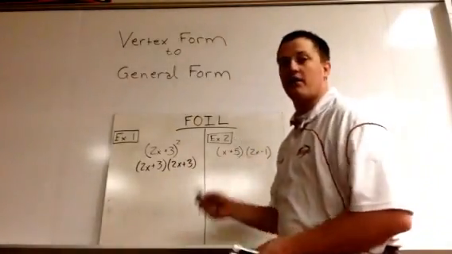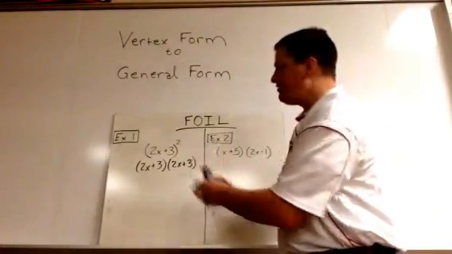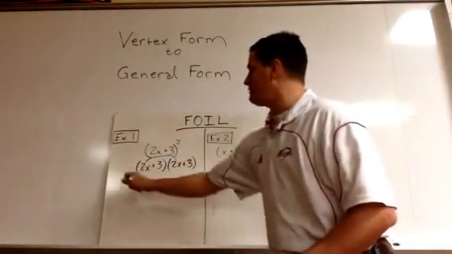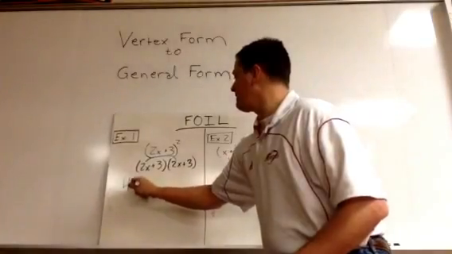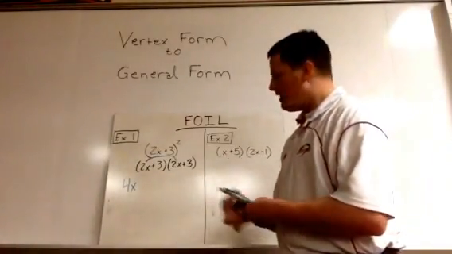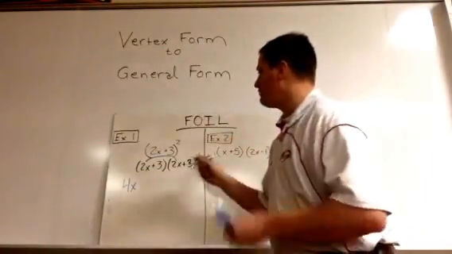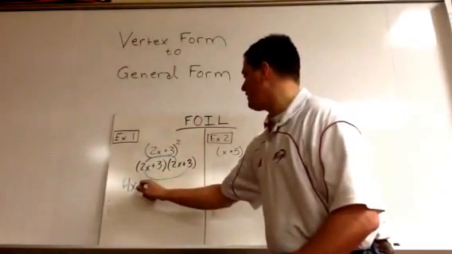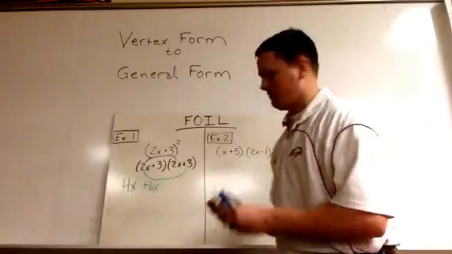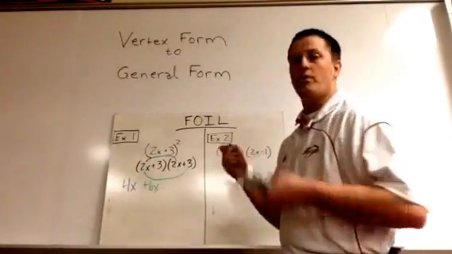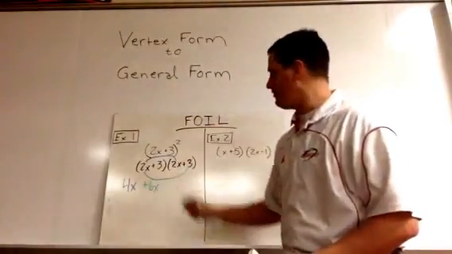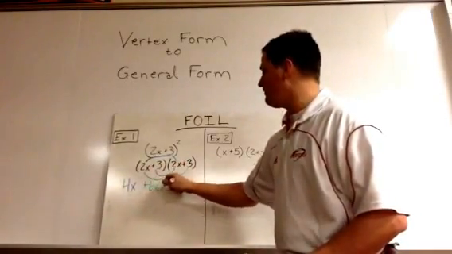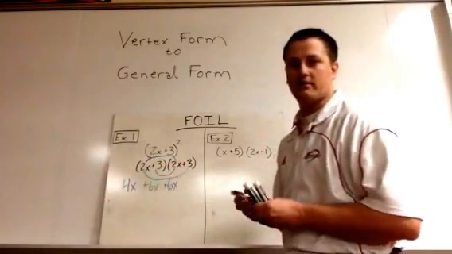Okay, we start with the first terms in each parentheses. So 2x times 2x, which is 4x squared. We then go to the outside terms, 2x times positive 3, which gives us positive 6x. We then go to the inside terms, positive 3 and positive 2x, which give us positive 6x.